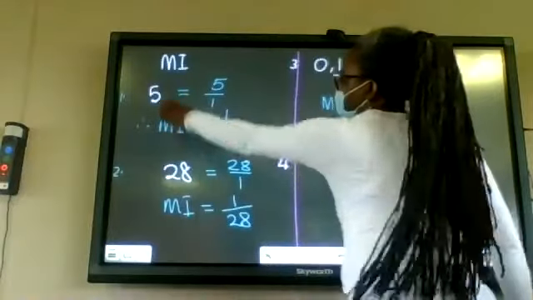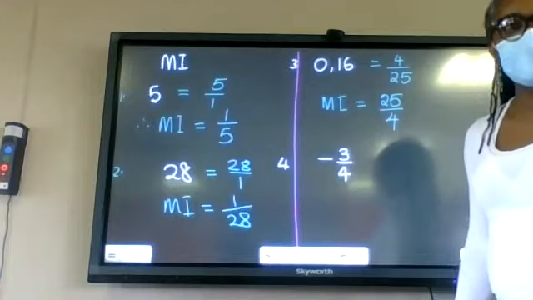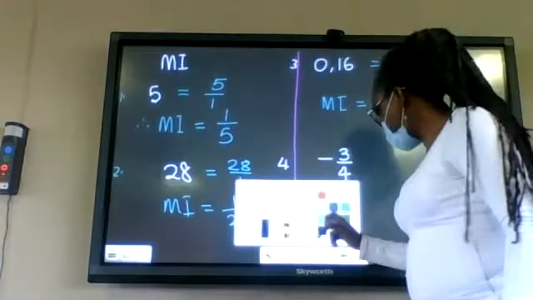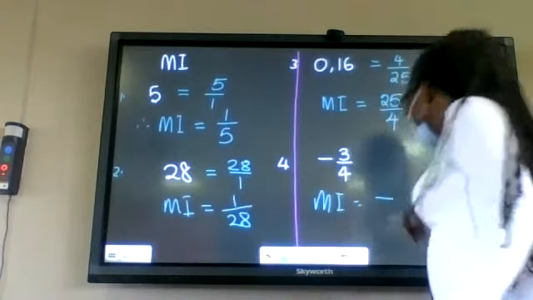All the ones we've been doing, I've given you positive numbers, so the MI is also positive. Now my number is negative, so the multiplicative inverse is also negative.